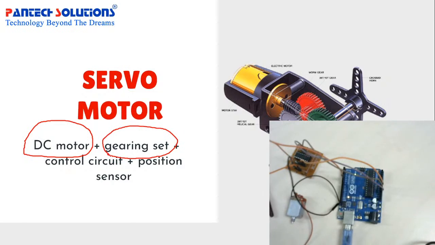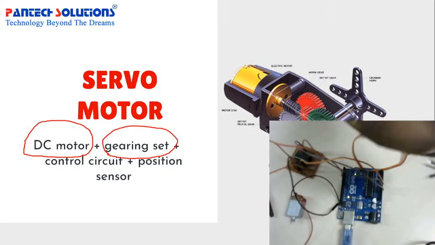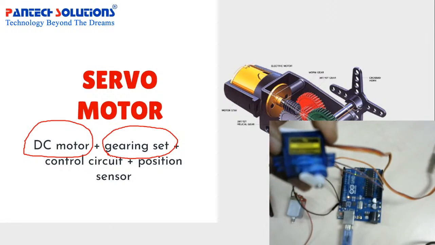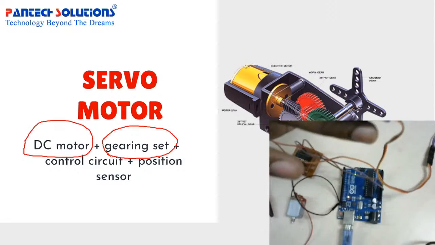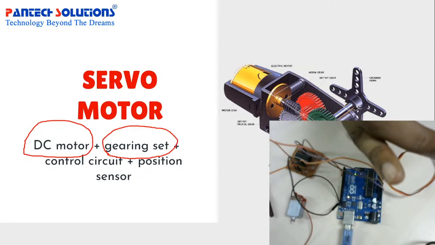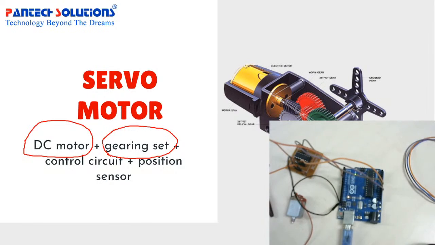This is a small range of servo motors. This motor has only a very small DC motor along with the gearing mechanism.